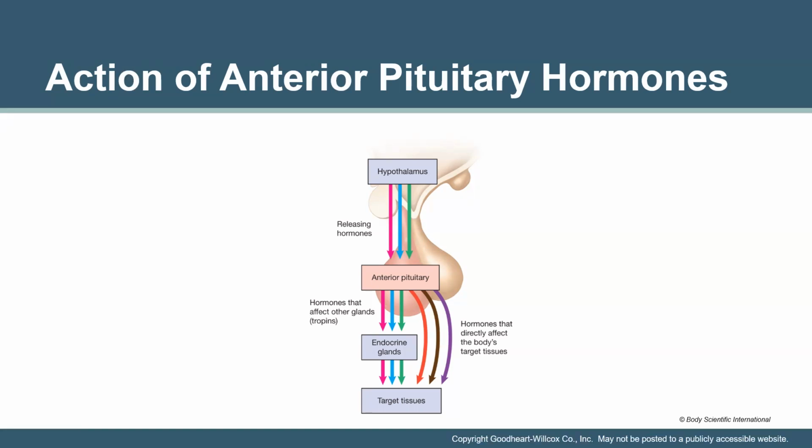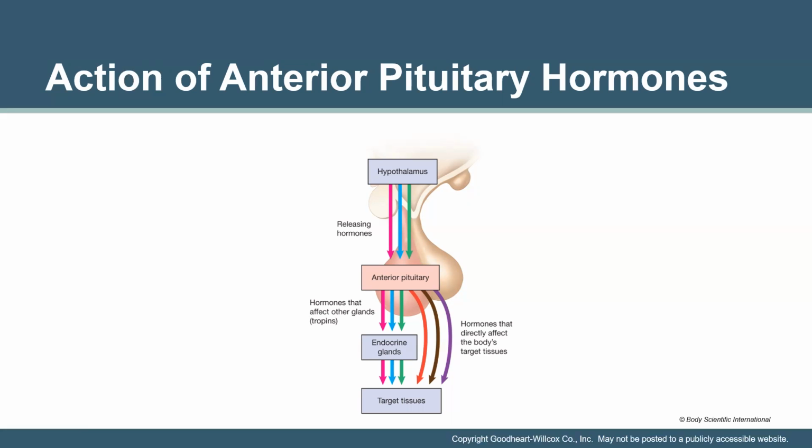This is a capillary network in the hypothalamus that reaches into the portal veins that carry blood to that anterior pituitary gland. The hormones secreted here function in two ways.